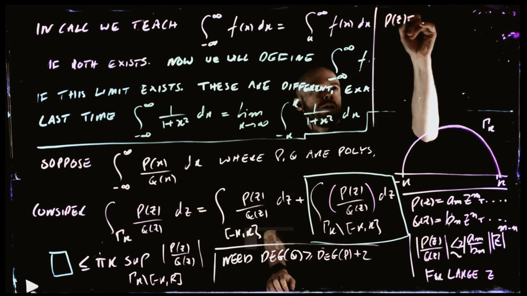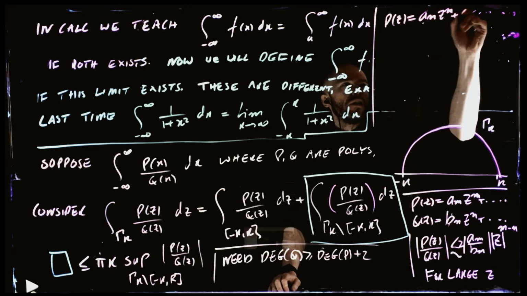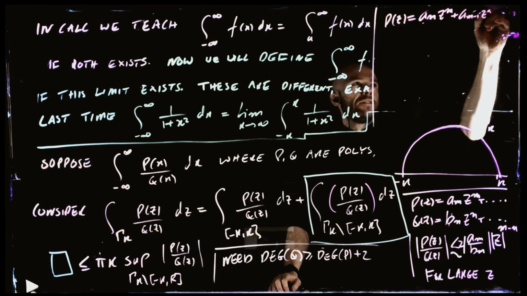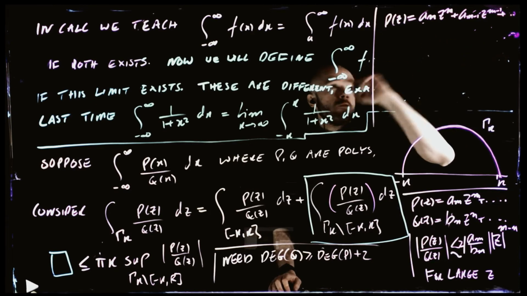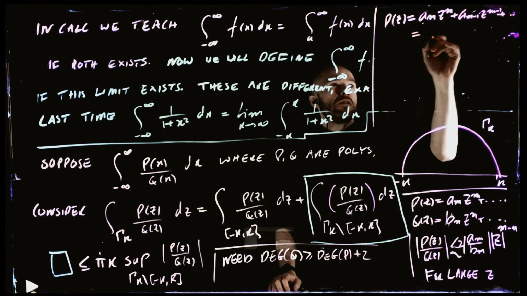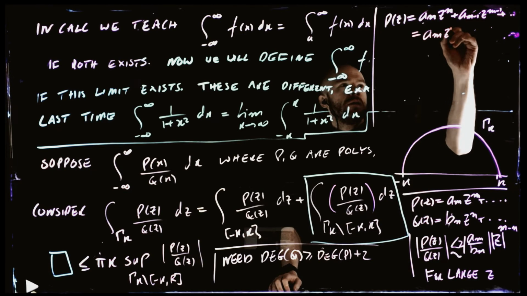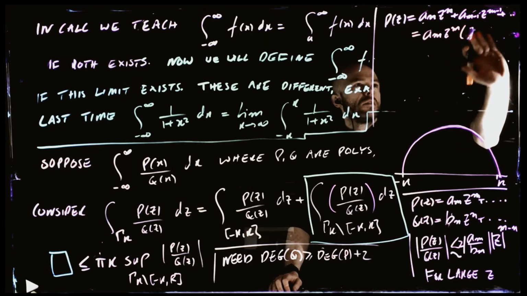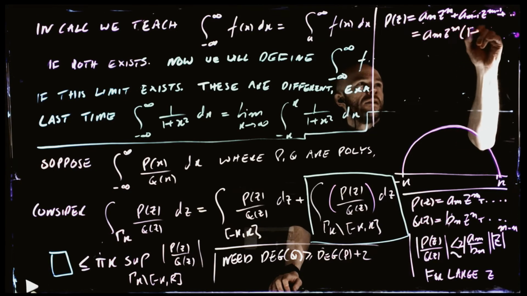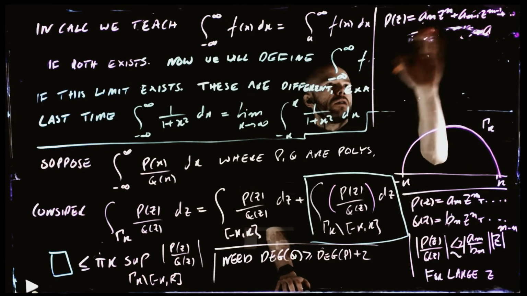Right? P of z equals am z to the m plus am minus 1 z to the m minus 1, and then so on. Then we can write this as am z to the m, and then let's factor z to the m from everything else.